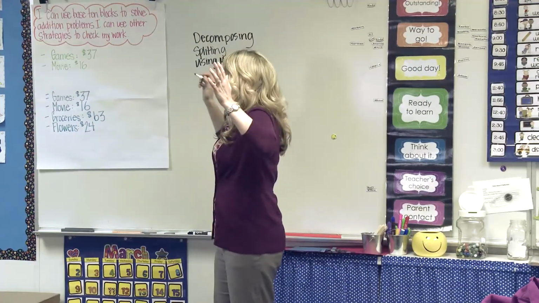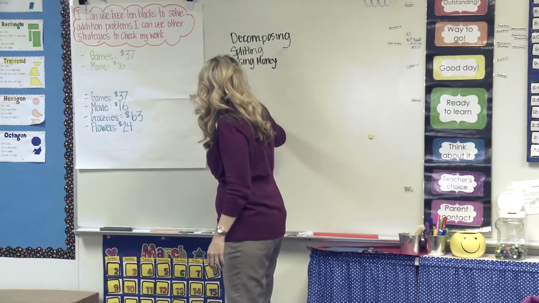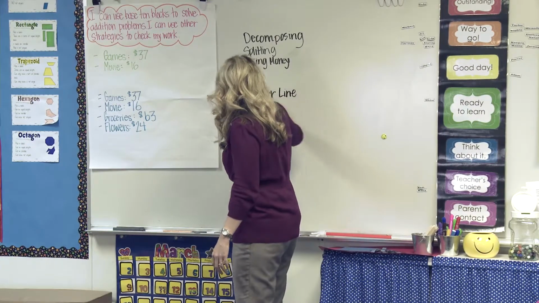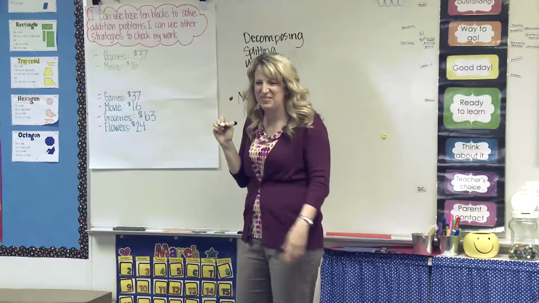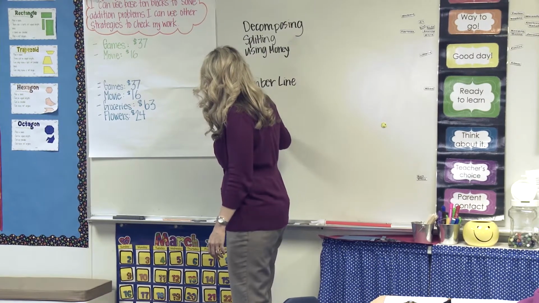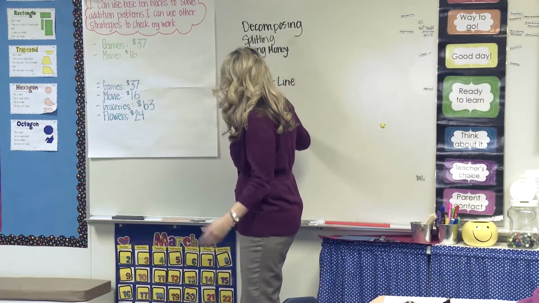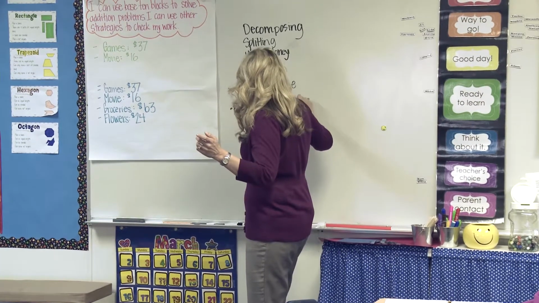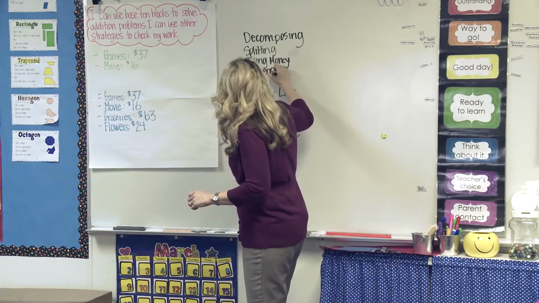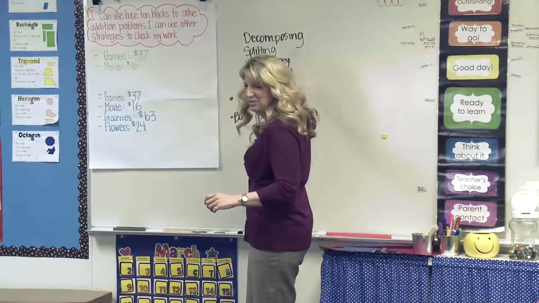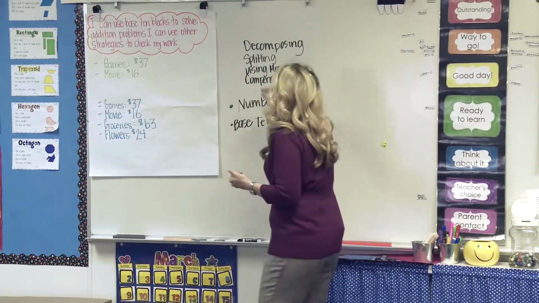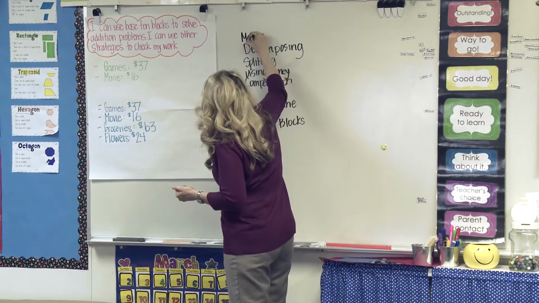Number line. Gabby? Base 10 blocks. Base 10 blocks. Manny? Compensation. See if we have one that's not up here yet. Porter? Magic bubble. Magic bubble, our own invented strategy.